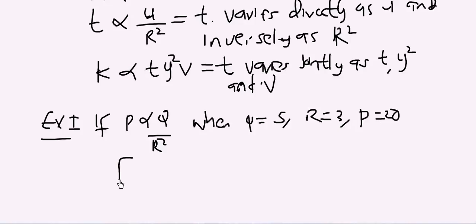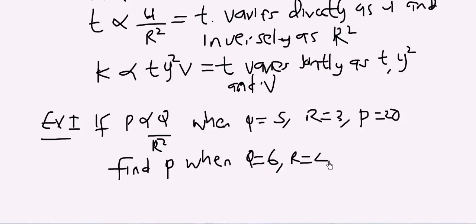We are told to find p when q is equal to 6 and r is equal to 4.